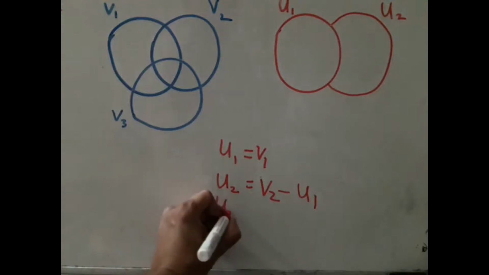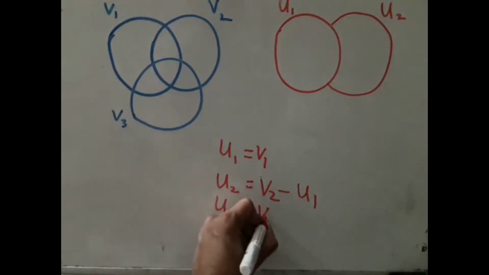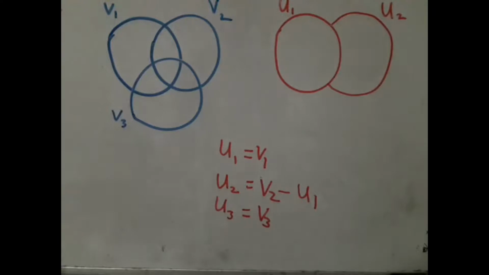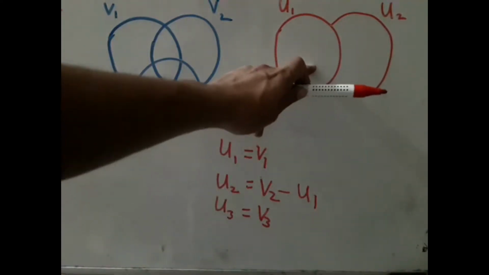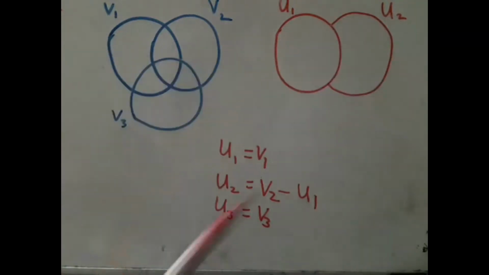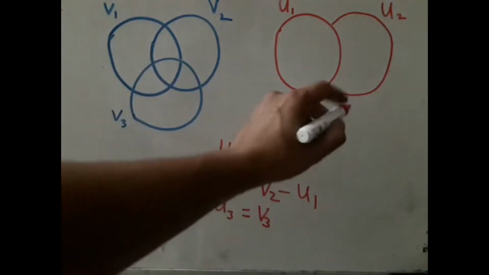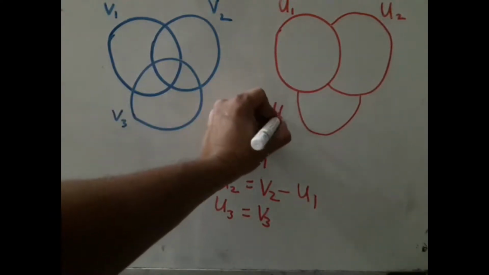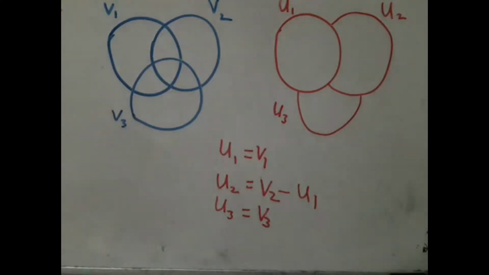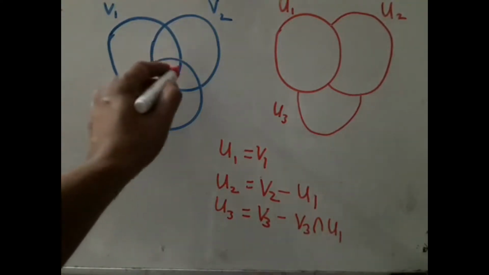I define my U3 as V3, but there's a problem because if I take it to be entire V3, part of it is already taken care of by U1, part of it is taken care of by U2. I will remove those parts from V3 and the remaining thing I shall call U3, which means from this I am removing the part of V3 which is already inside U1, that is this part.